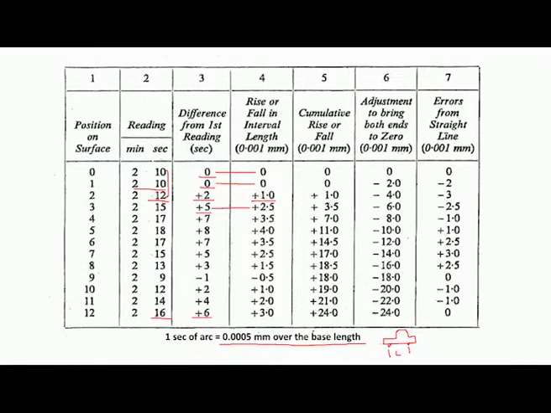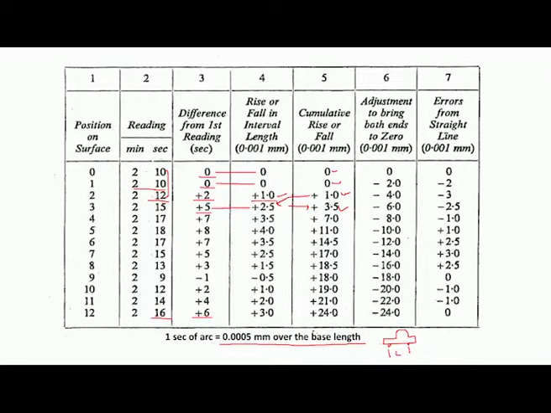Like this we have to find whether there is a rise or fall in the interval length, and then we have to add these values to get the cumulative rise or fall. Again, the values we get are in terms of 0.001 mm, or micrometer. Here 1 is added to 0, again we get 0, and then this is added to the next reading, so we get 1. This value is added to 2.5, so we get 3.5. Like this we have to get the cumulative values.